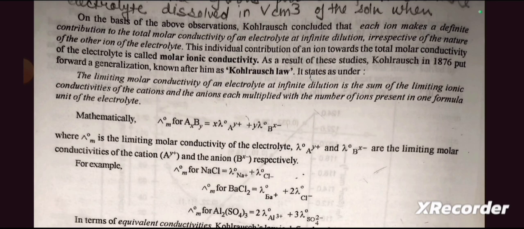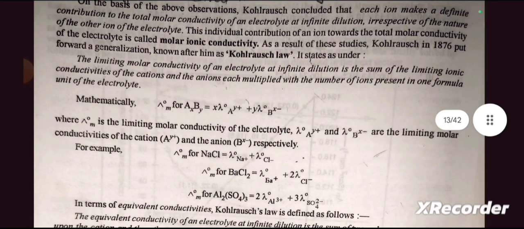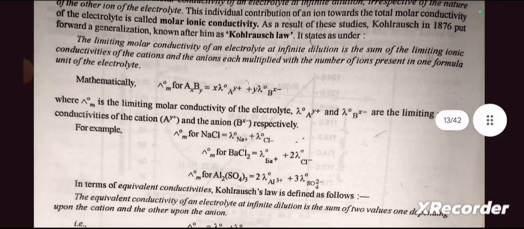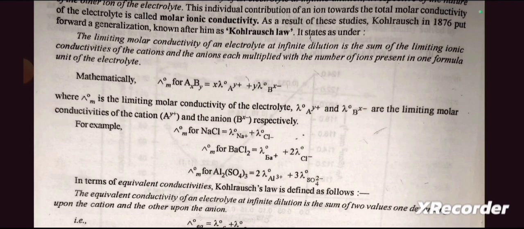It states as under: the limiting molar conductivity of an electrolyte at infinite dilution is the sum of the limiting ionic conductivities of the cation and the anion, each multiplied by the number of ions present in one formula unit of the electrolyte.